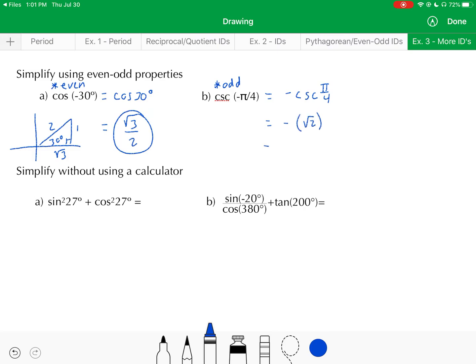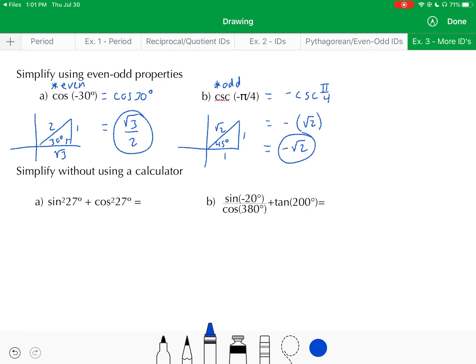I just have to take the negative of that, okay? Let's back up here, verifying. If I'm looking at a 45-degree reference angle here, 1, 1, radical 2, cosecant is y over r, right? So that's, I'm sorry, r over y. So that's radical 2 over 1, and then you just take the negative of it.